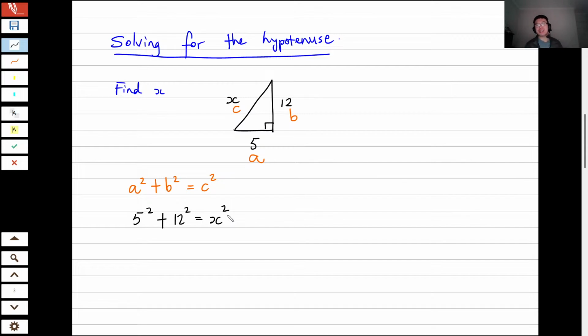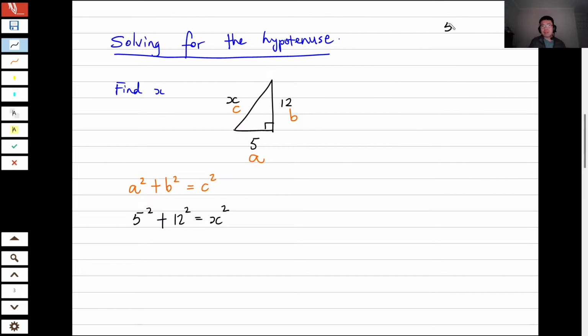And now what I want you to notice is that I've got an equation that I can now solve for x. So let's go ahead and do that. Let's simplify 5 squared and 12 squared. And let's simplify the equation and we'll get a number, a length for x.